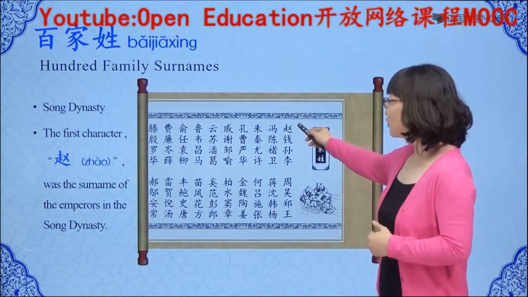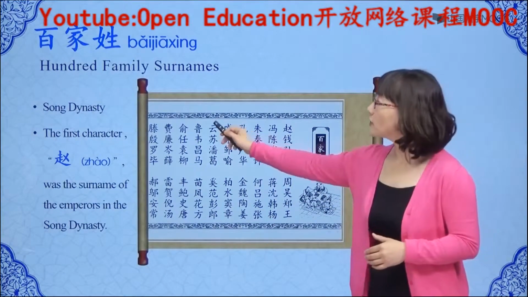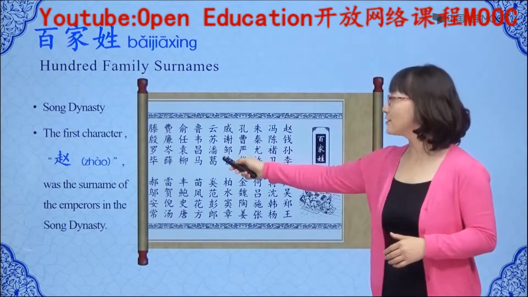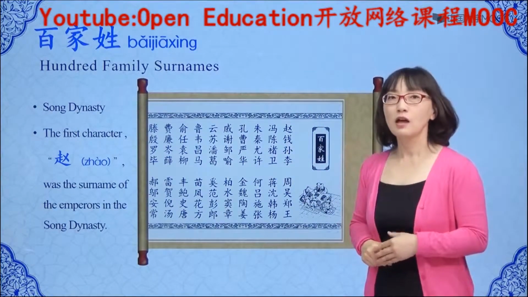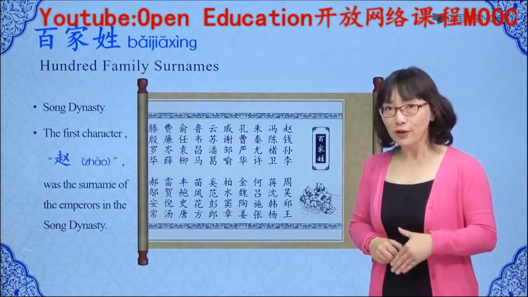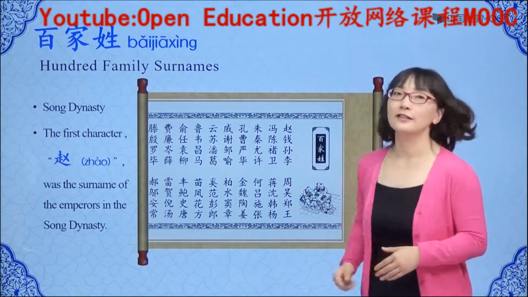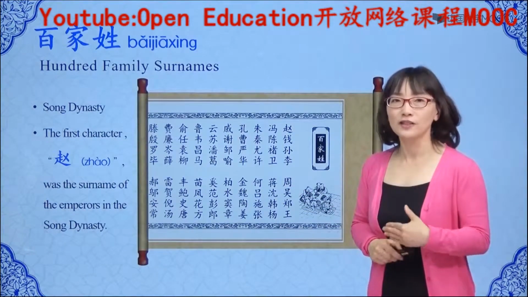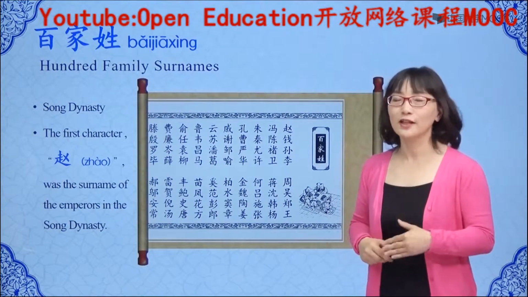The first line is Zhao, Qian, Sun, Li. And the first character, Zhao, was the surname of the emperors in the Song Dynasty. And it is still a very common surname today. Li is the fourth character of the text. So there are so many people with the surname Li.